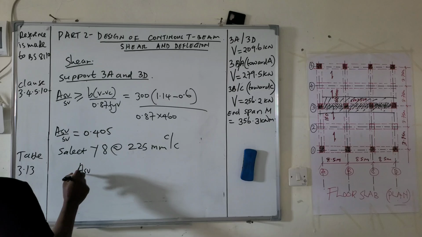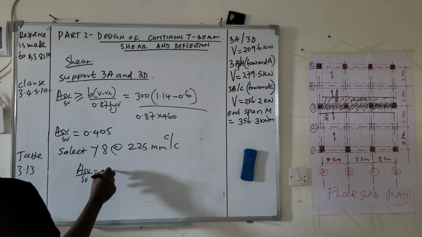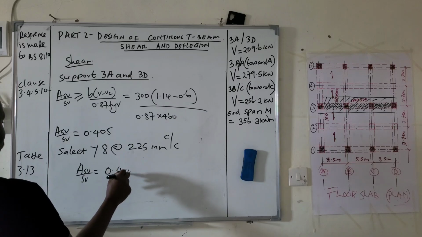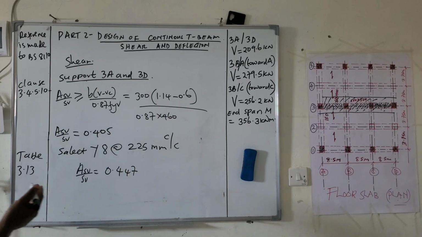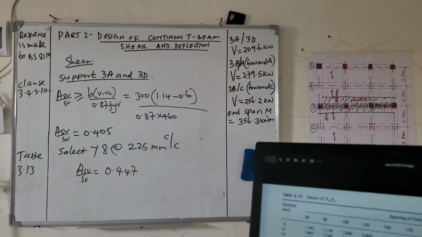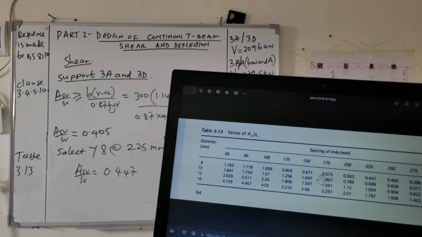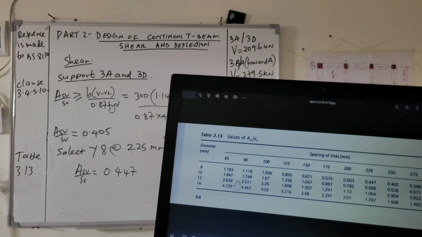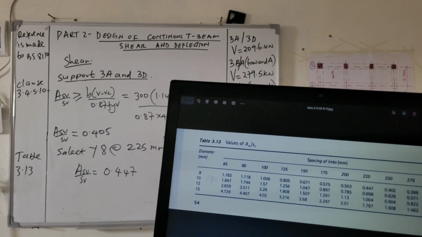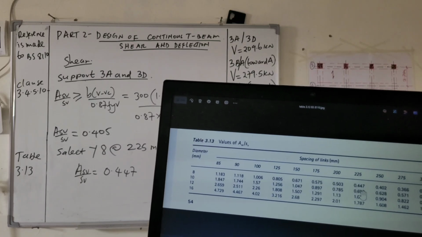Then ASV over SV is equal to 0.447. I hope you know how to read this table 3.13. So let me show you. That is table 3.13. So this is Y8, and then 0.447.